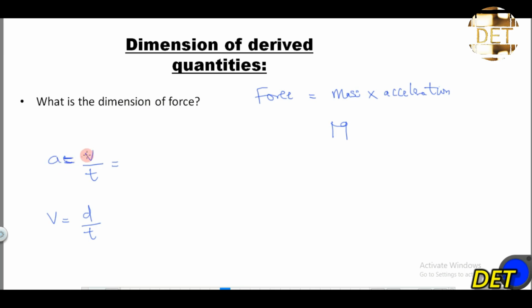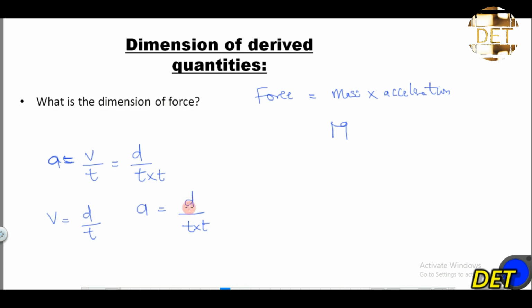So if acceleration is equal to velocity over time, and v is equal to d over t, then instead of writing v here, I will put the fundamental expression, which is d over t. So acceleration will be equal to d over t times t.